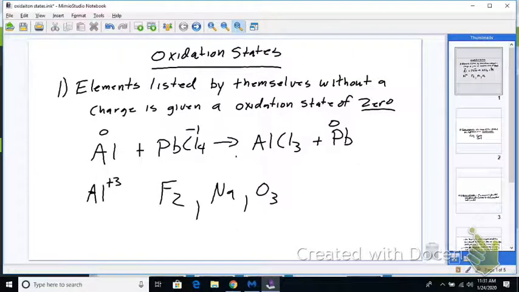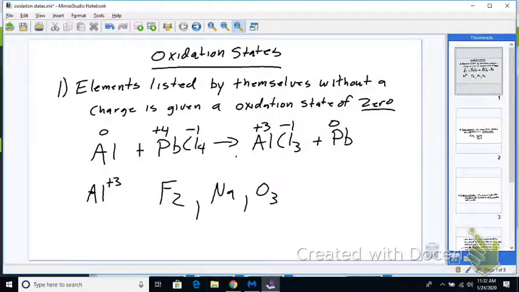Which would be a -4, so what's Pb? +4. See that? I'm not putting the total charge down. I am just assigning the charge for every single element. Each one of those 4 is a -1. And then Al is +3, and Cl is -1.